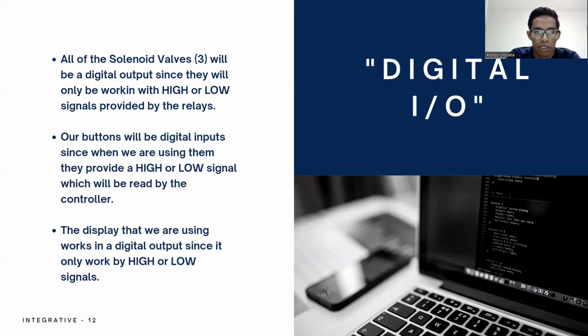Then we have our push buttons that will be connected to the digital inputs, since when we are using them, they provide a high or low signal, which will be read by the controller. Then we have the display that we are using. It works as a digital output, since it only works by high or low signals.